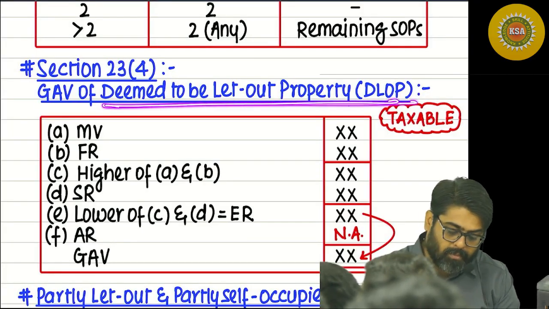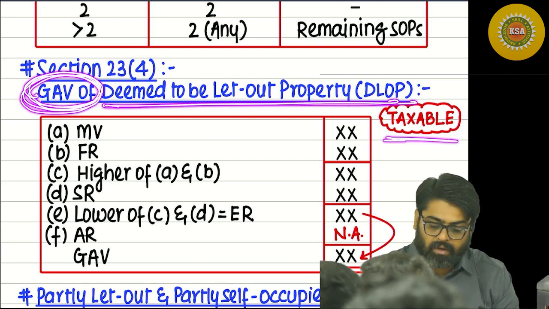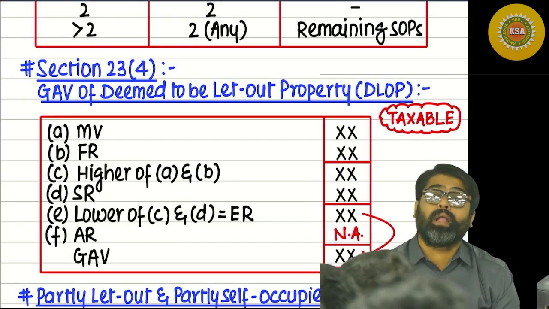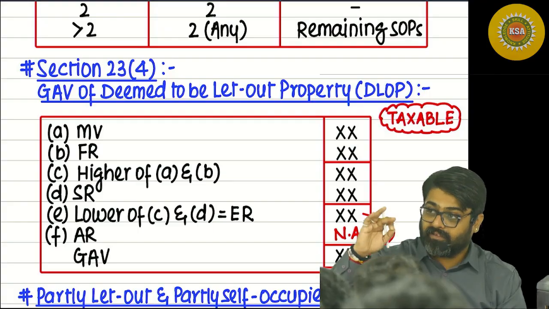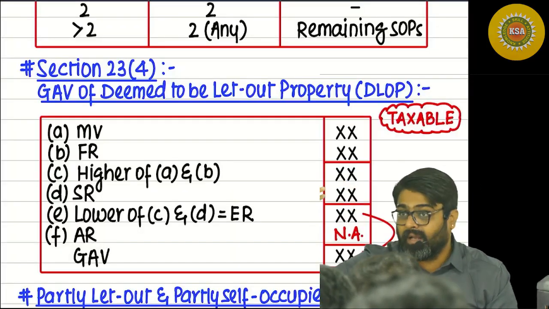Now 23(4) says that for a deemed to be let out property, the annual value will not be exempt. Their annual value will be taxable. And how to calculate the taxable annual value for a DLOP? In exactly the same manner in which it is done for let out properties.